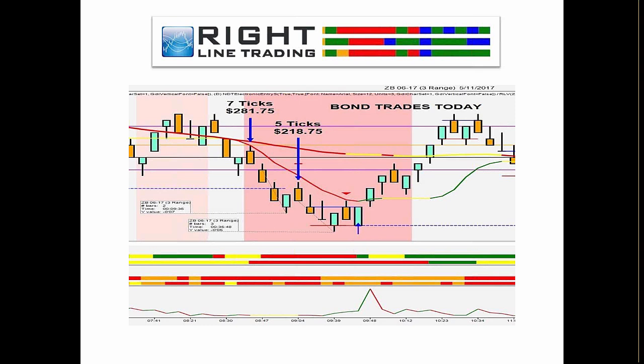Now, there are two independent variables that go into that assessment. One is how many contracts, how many shares, or how many lots are crossing per unit time, and also what is the rapidity, how many candles are forming per unit time.